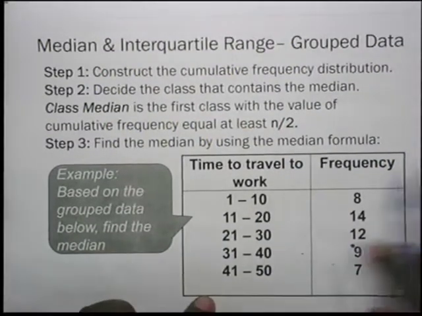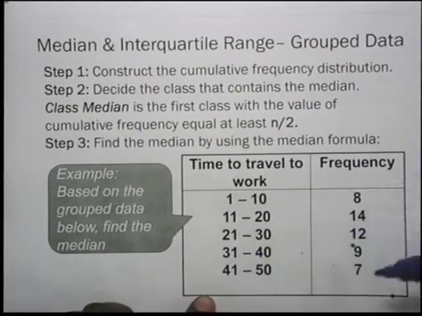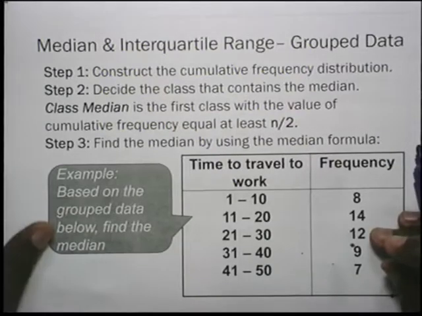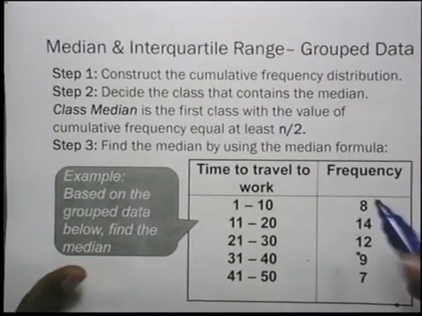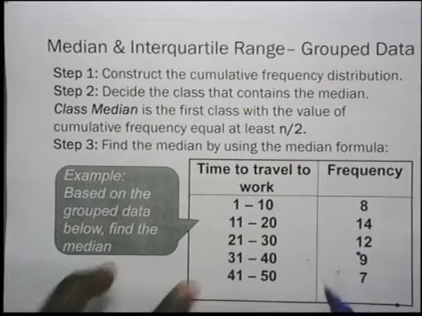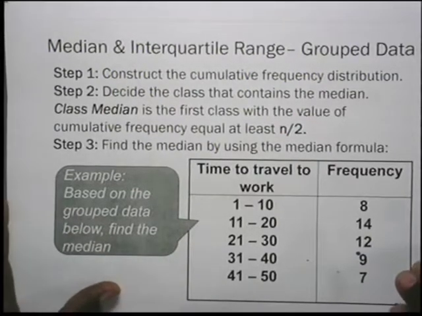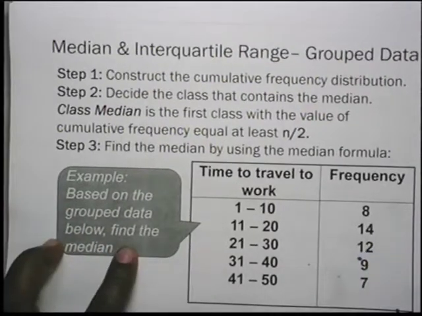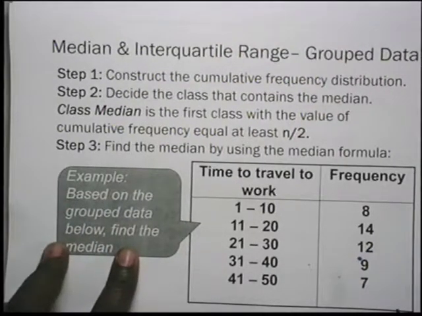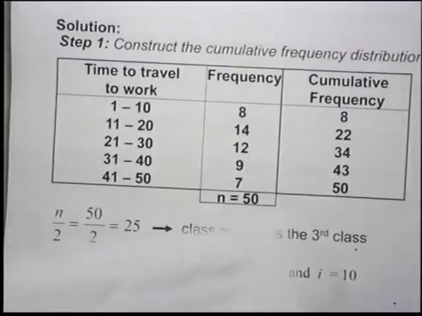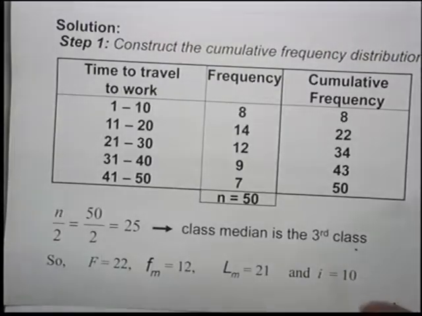This is our given data, the classes or range, then the frequency. Second, we have to decide the class that contains the median, that is the middle class. Then we find the median using the formula that we highlighted earlier. Now, let us do our cumulative frequency.